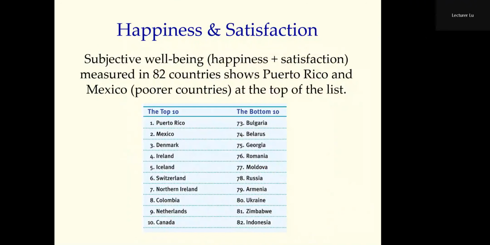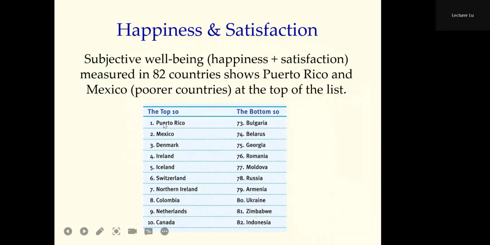Here's a very interesting piece of research. It's research conducted in 82 countries to measure the subjective well-being of the citizens. Subjective well-being is happiness plus satisfaction with their life.